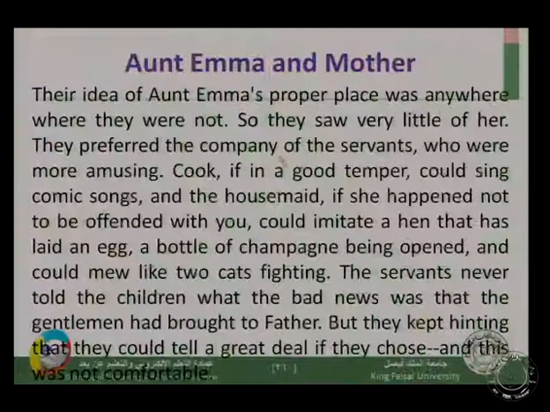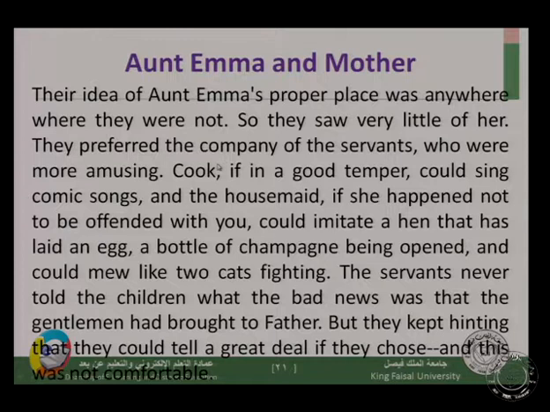You could read the rest of the quotation here. The cook, for example, could sing to them, but Aunt Emma was not like the servants or like the maid servant or like the cook. The servants never told the children what the bad news was that the gentleman had brought to father, but they kept hinting that they could tell a great deal if they chose, and this was not comfortable.